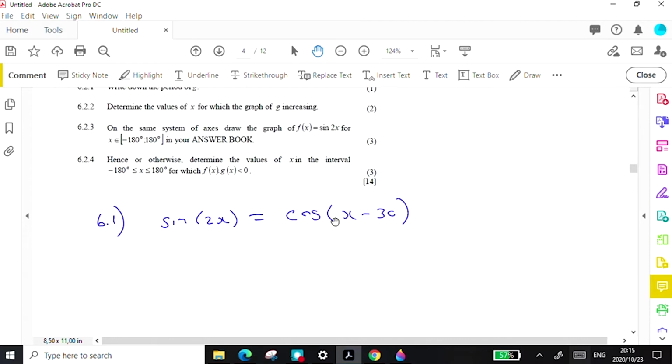To solve this equation, we want the left hand side to be the same as the right hand side. To do that, we can write the left hand side as cos of 2x minus 90. That is equal to cos of x minus theta.